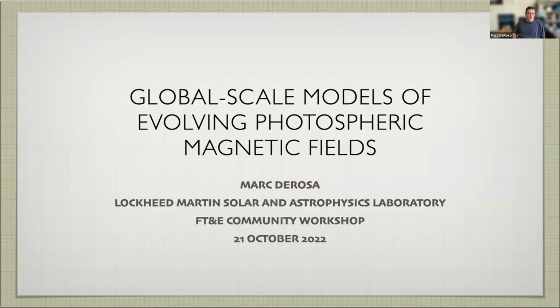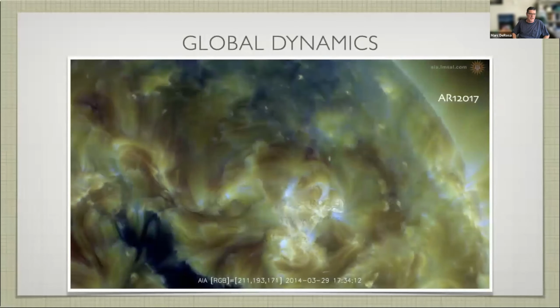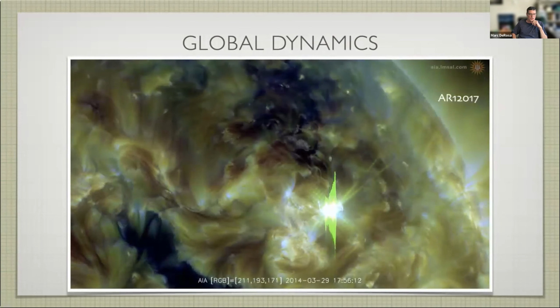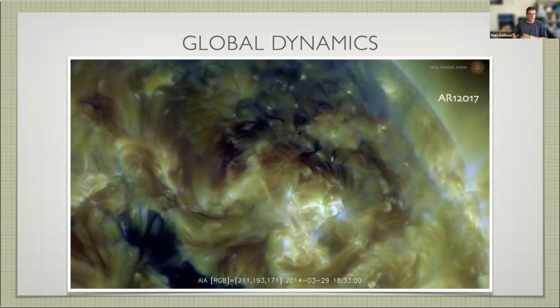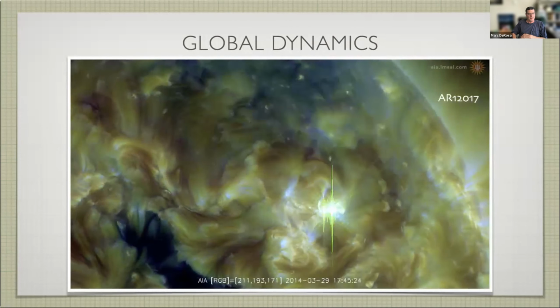I'll try not to spend a lot of time on that, but let me just emphasize that the magnetic field is basically structuring all scales from small to very large. In this AIA movie, you can see a flare go off and send out a blast wave, at least in the northern direction.